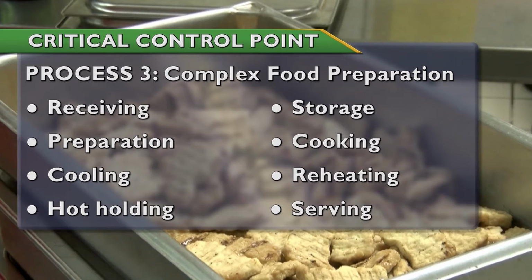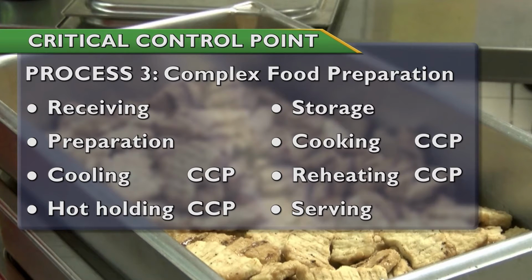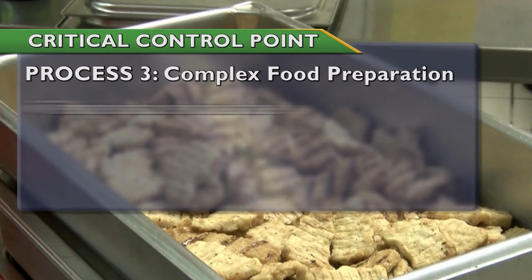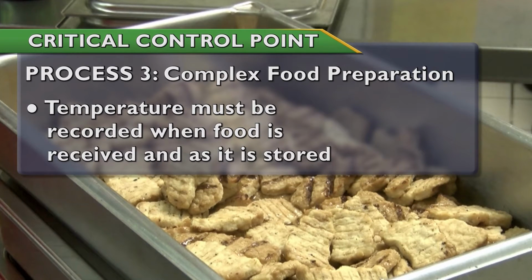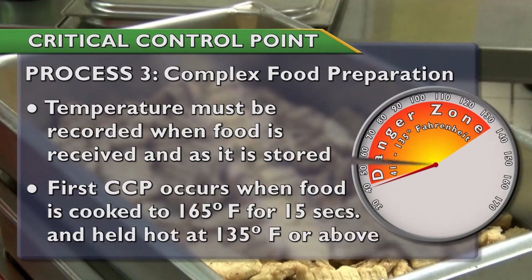The multiple CCPs that occur during process 3, complex food preparation are cooking, cooling, reheating, and hot holding. The temperature must be recorded when food is received and again as it is stored. The first CCP occurs when the food is cooked to 165 degrees Fahrenheit for 15 seconds and held hot at a temperature of 135 degrees Fahrenheit or above.